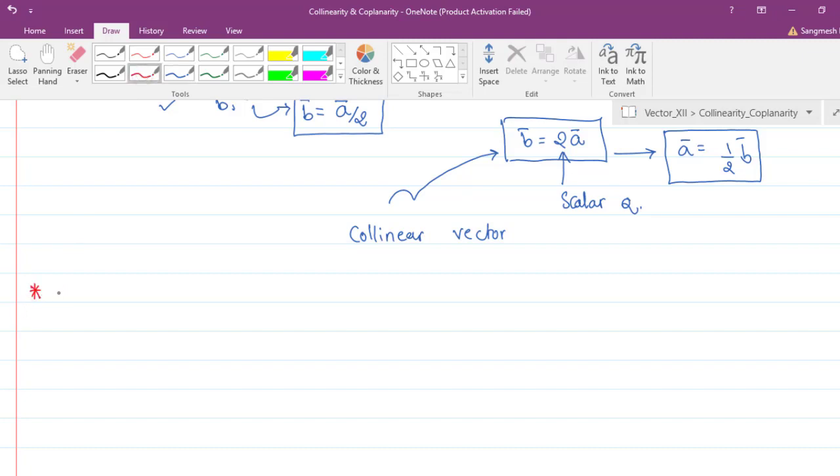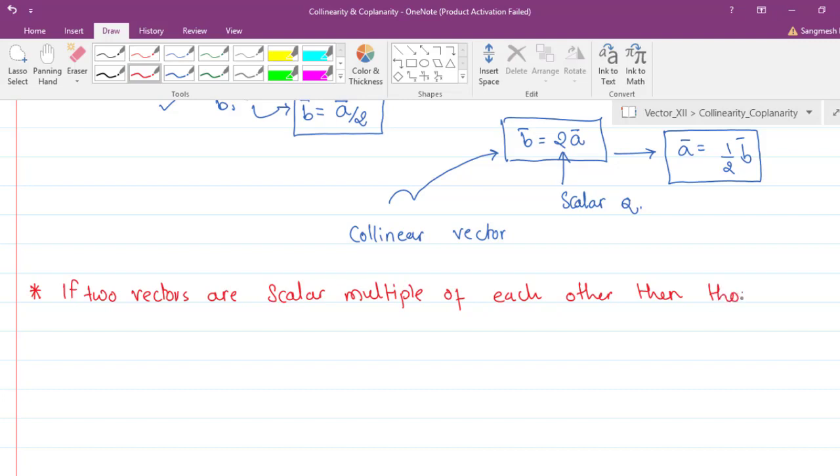Everyone write down this. If two vectors are scalar multiple of each other, then those two vectors are collinear vectors.